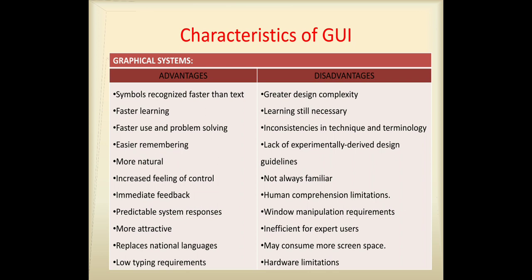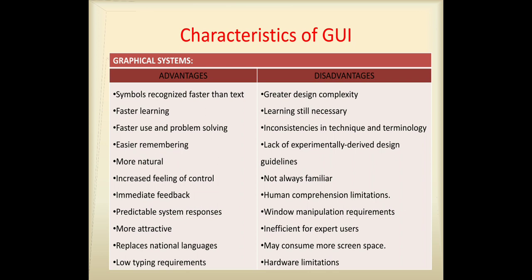And the graphical systems are easier for remembering too. Because of its greater simplicity, it is easier for casual users to retain the operational concepts. And it's more natural. The symbolic displays are more natural and advantageous because the human mind has a powerful image memory.